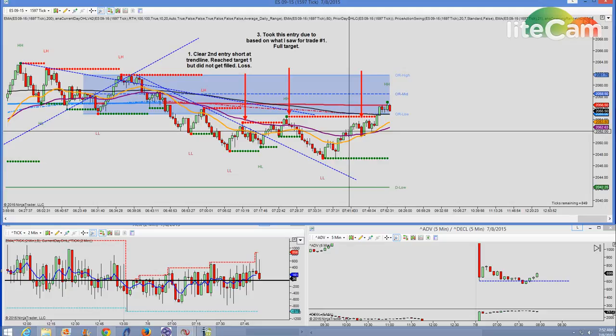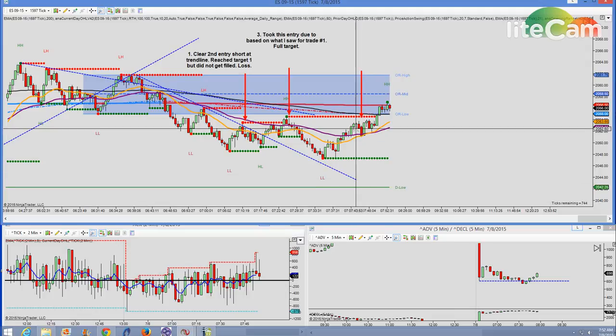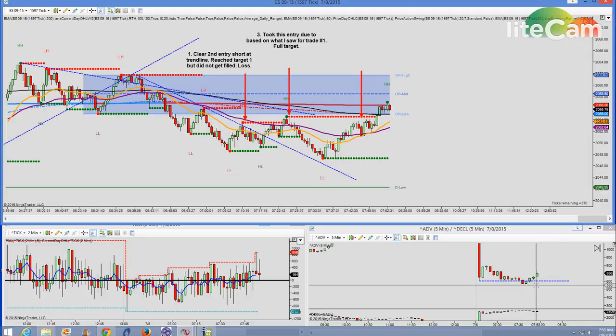On top of that, I was watching the tick and the advance-decline, and this time frame is around 7:45, 7:47. So around 7:45, you can see here that we have some green bar. It's going back up. When you see green bars on the advance-decline, or on the advancers, it's showing some strength.